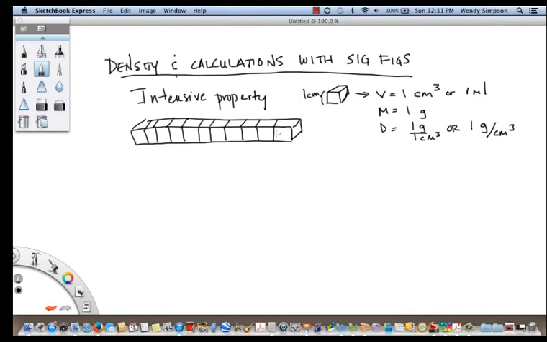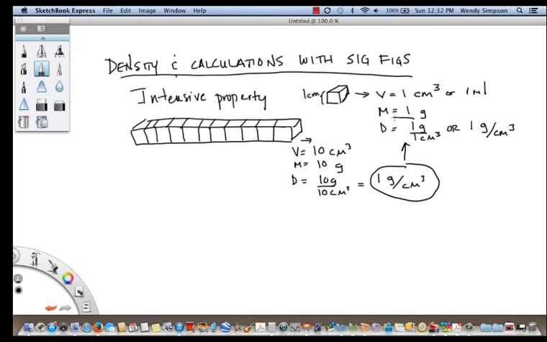If we measured the volume this time, it would be 10 centimeters cubed, and our mass is 10 times the original, which is 10 grams. So the density would be 10 grams over 10 centimeters cubed, which equals, voila, 1 gram per centimeter cubed, which is the same density as the original sample. So even though we have two entirely different sample sizes of the same material, the density is the same. That's what we mean by being an intensive property.